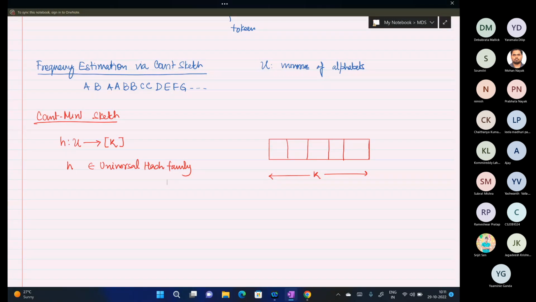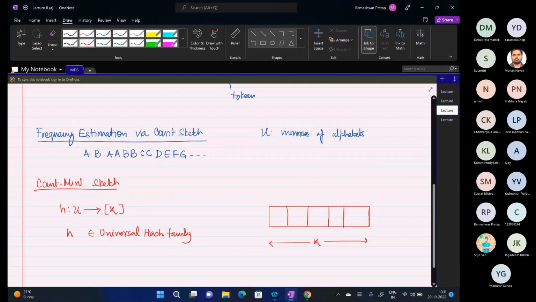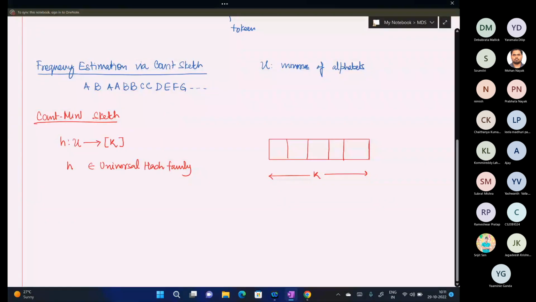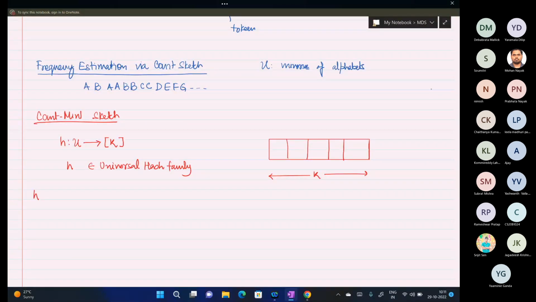Suppose, for example, H maps A to the second bin, B to maybe the third bin, C to the first bin, and D to the second bin.